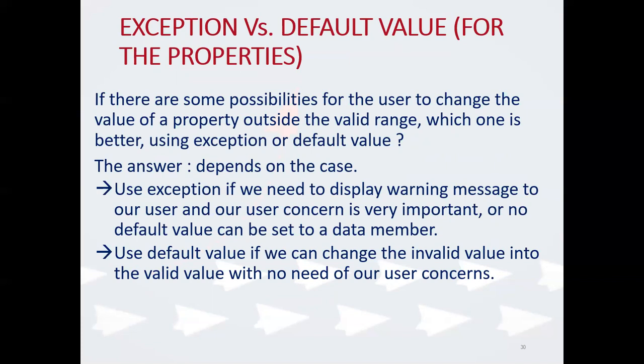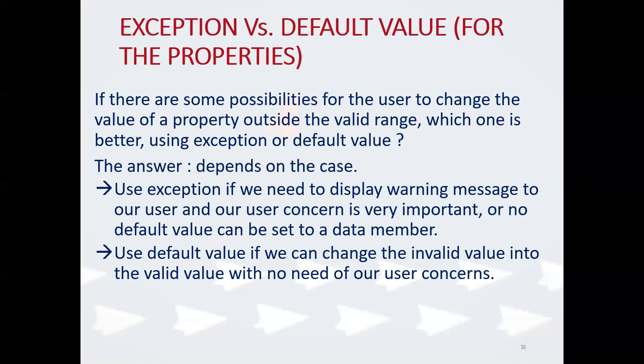If the cash becomes negative, we change it to 0 too. That is the default value approach. With exception, for example, with our name, if there is no name given, we throw an exception. We don't give default value, we throw exception. Which one is better? Depends on the case.